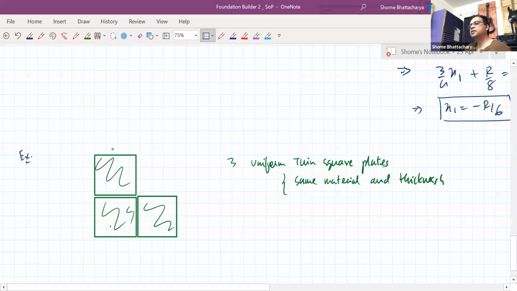Each plate is L by L in dimension. Okay. So if this corner point is P, you have to find the distance of this system's center of mass, that is the 3 plate system center of mass, from the corner P.